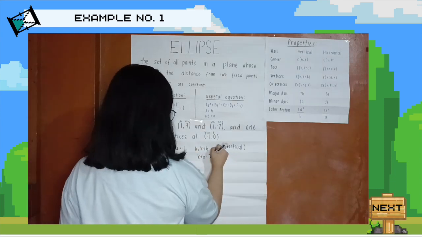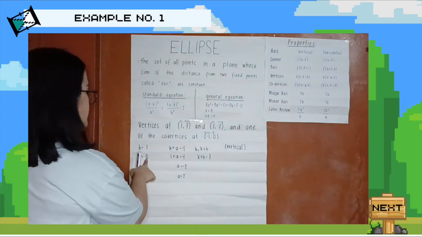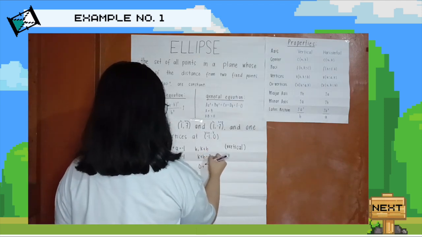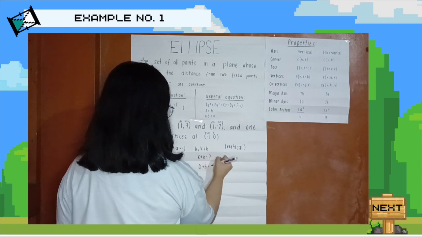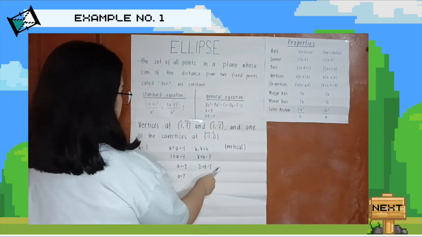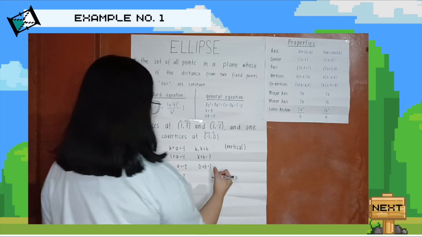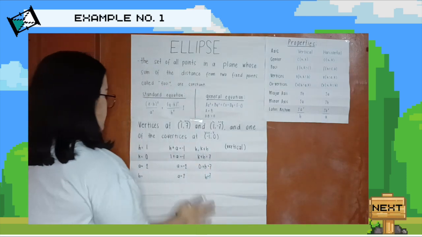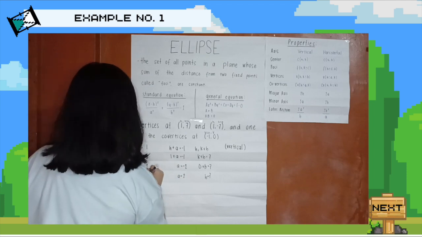And since our k is 0, 0 plus b is equal to 7. 7 minus 0, b is equal to 7. So our b is 7.